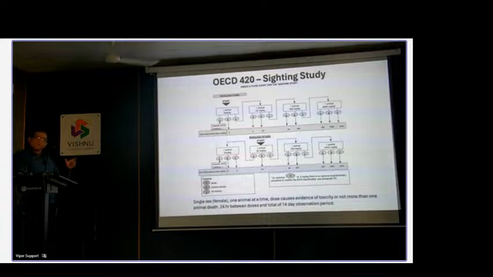And you have to give a 24 hour window, because you might not see all the observations within three hours or less than 2 hours. So you have to give the time. And the observation period, as in the previous 420 and 401, is similar, because there may be delayed toxicities.